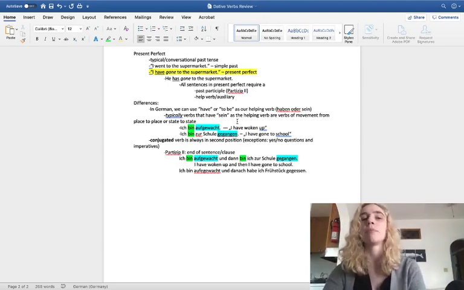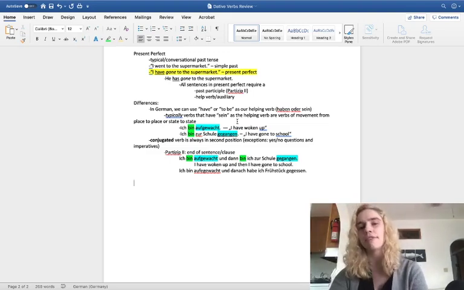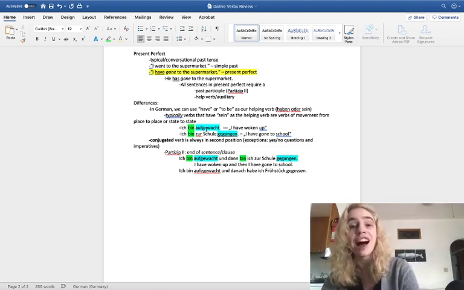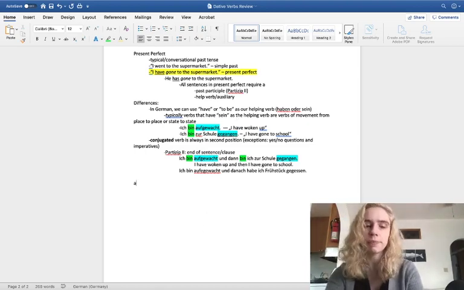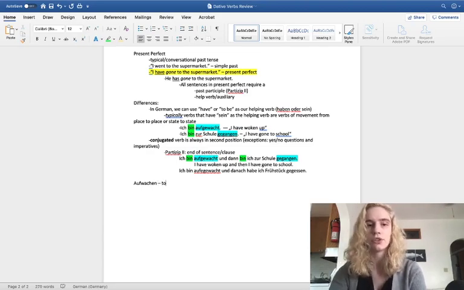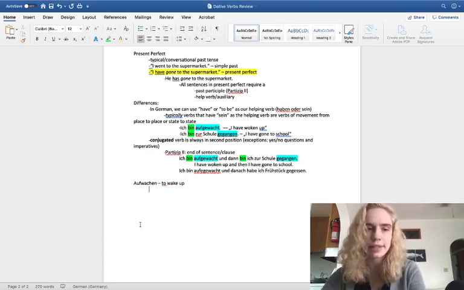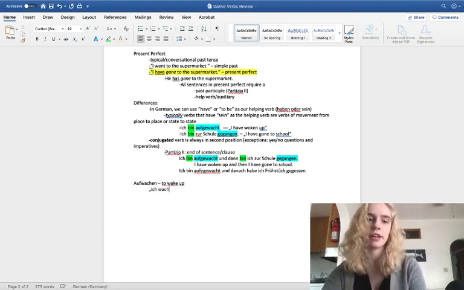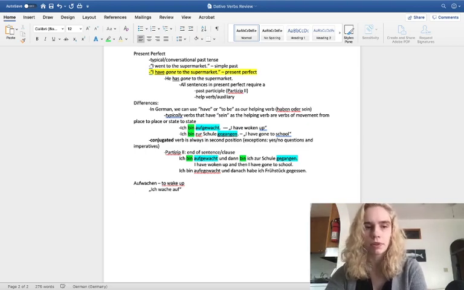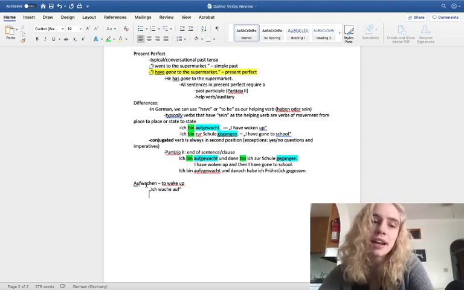So how do we find the participle? There are a lot of irregular participles, but there is a formula that a lot of verbs will follow. Wachen oder aufwachen is one of them, to wake up. This is a separable verb. Ich wache auf, I wake up. So when we conjugate, we're not considering our separable prefix, we're only conjugating the wachen part. And the stem of this verb wachen is wach.